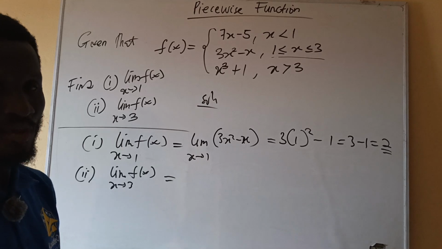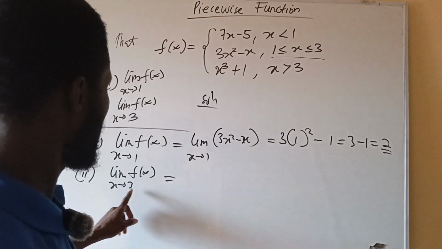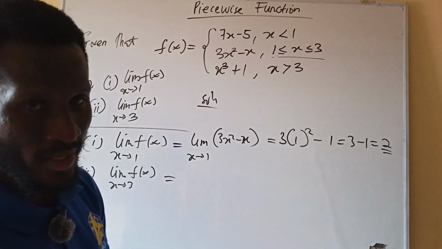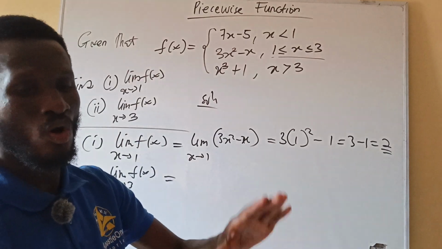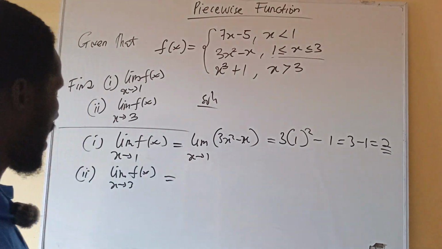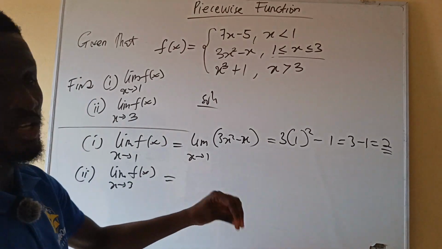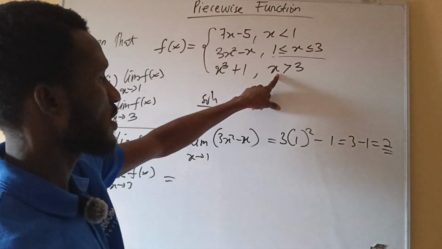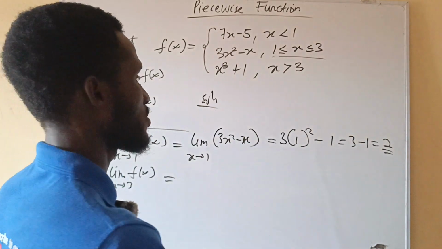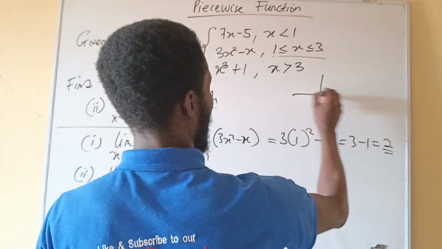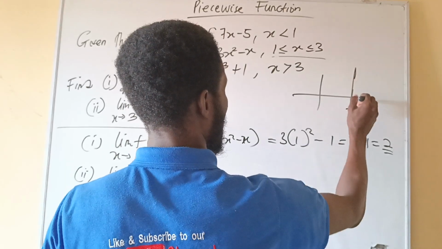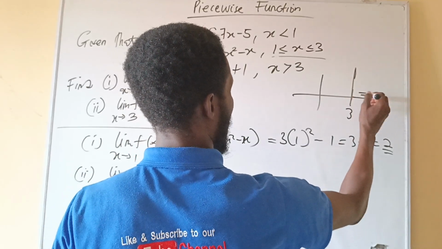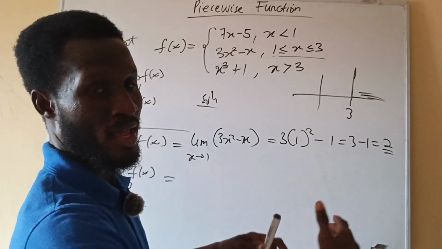Now when s is approaching 3, it means that s will be equal to 3. It is not approaching from the left or from the right. Now when you look at this one, it is s greater than 3. If I draw the Cartesian plane and here is x, any number greater than 3 will be somewhere here, at the right.